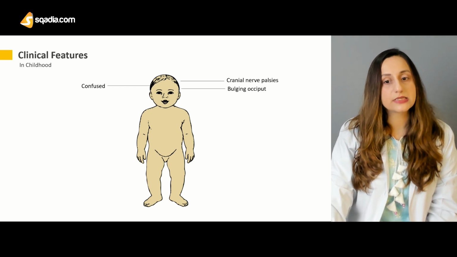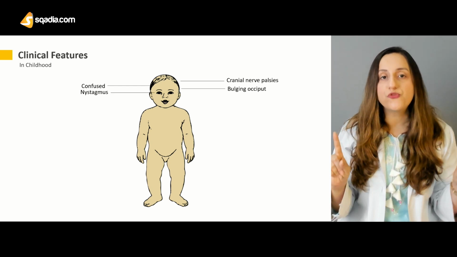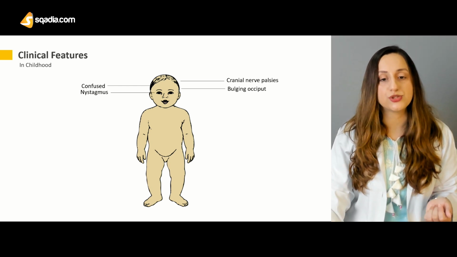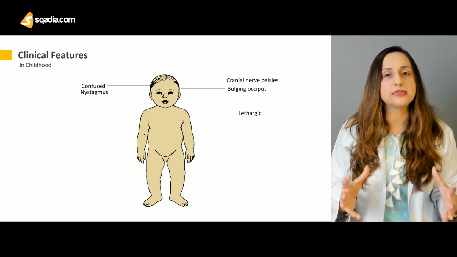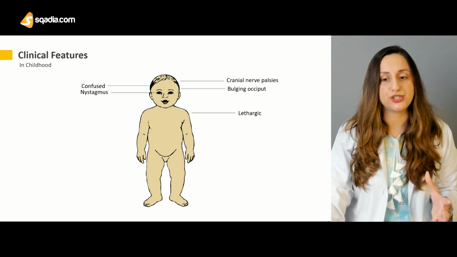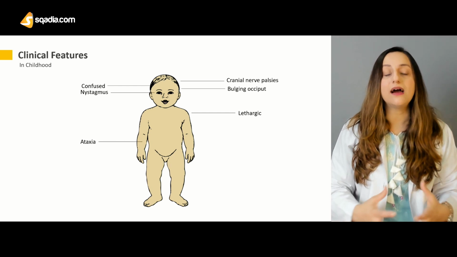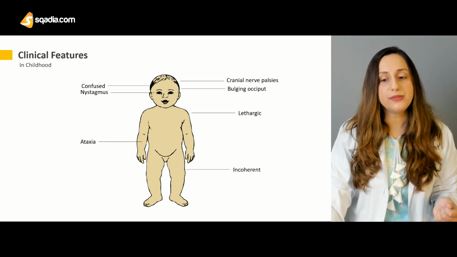Bulging occiput is one of the signs observed in these patients. Nystagmus is basically the oscillatory movements of the eyes observed in these patients. The child is going to exhibit an overall lethargic attitude when you examine him. Ataxia, that is uncoordinated movements, is also observed in these children.